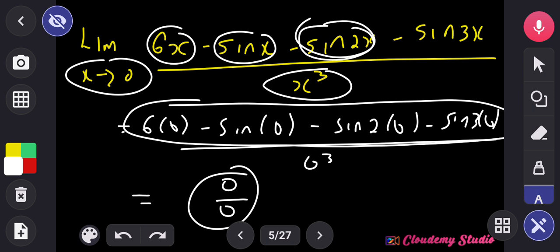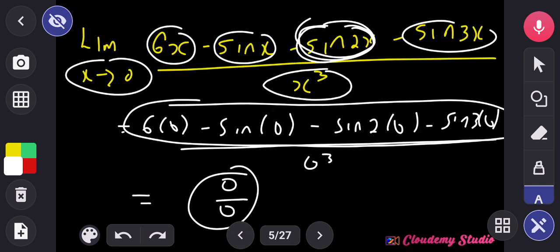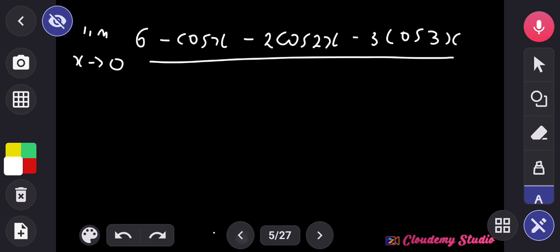Then sine 2x becomes minus 2 cos 2x. Then sine 3x becomes 3 cos 3x. Everything divided by, x raised to power 3 becomes 3x raised to power 2, right? Because if you differentiate x raised to power 3, it becomes 3x raised to power 2.